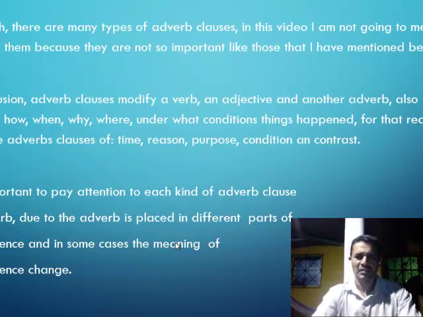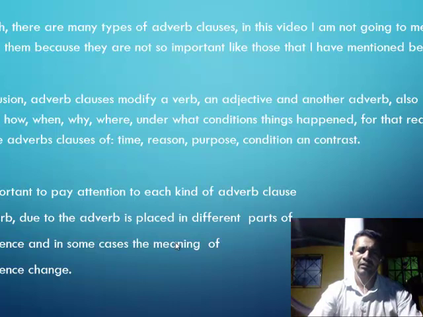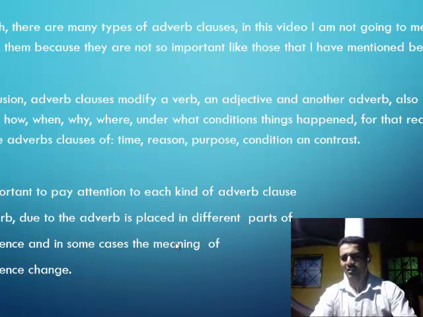Those are missing in this presentation because of the time and the space. In conclusion, adverb clauses modify a verb, an adjective, and another adverb. They also indicate how, when, why, where, and under what conditions things happen. For that reason, we have adverb clauses of time, reason, purpose, condition, and contrast.